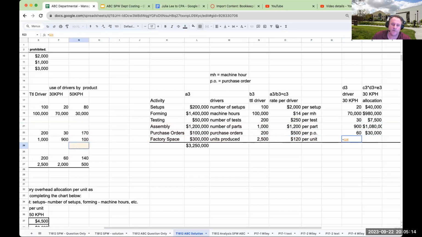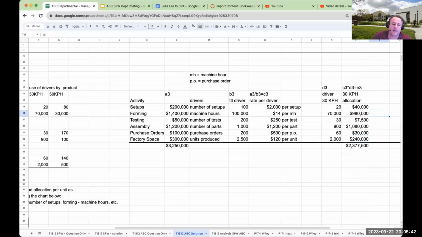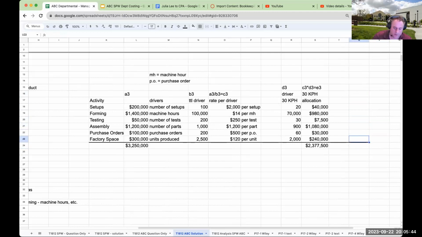And then lastly, for over here, I had 2,000 in terms of units produced. So over here, my allocation over here to 30 kph will be 240,000. So the total amount of my overhead being allocated to this particular product is going to be $2,377,500.